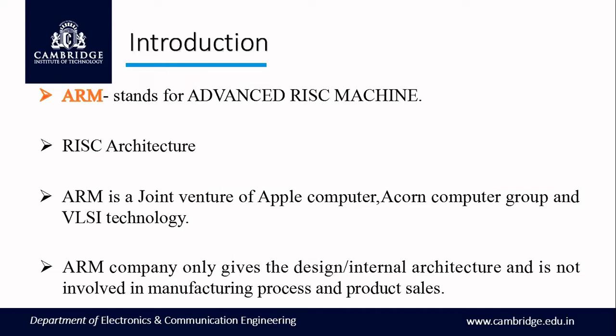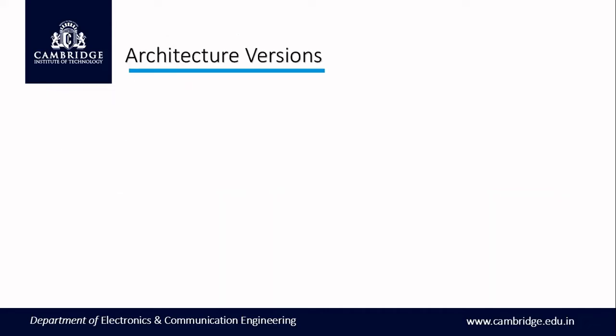This type of business model is what we call intellectual property licensing. The number of partners to the ARM company has increased enormously over the years, and the ARM company also makes sure that it provides enough support to its partners by giving a strong base of development tools, hardware, and software products. Now let us see the architectural versions.